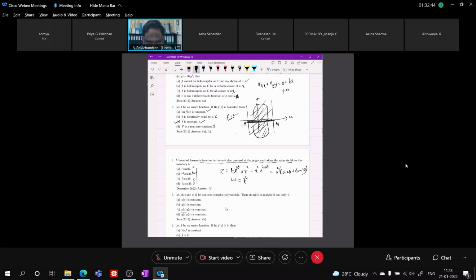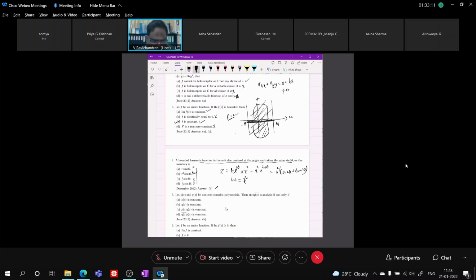If you compute the imaginary part in polar coordinates, then that is given here. So the answer should be this one only, B only. The imaginary part will be a harmonic mapping. So this is the question. You don't need to verify the Laplace equation in polar coordinates to see this. That is what you have to do if you are planning to do it directly, but you don't need that. You can just identify it like this.